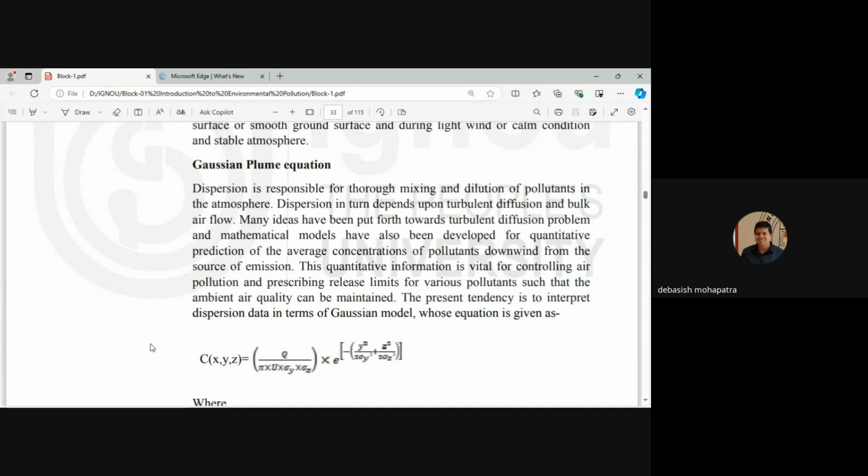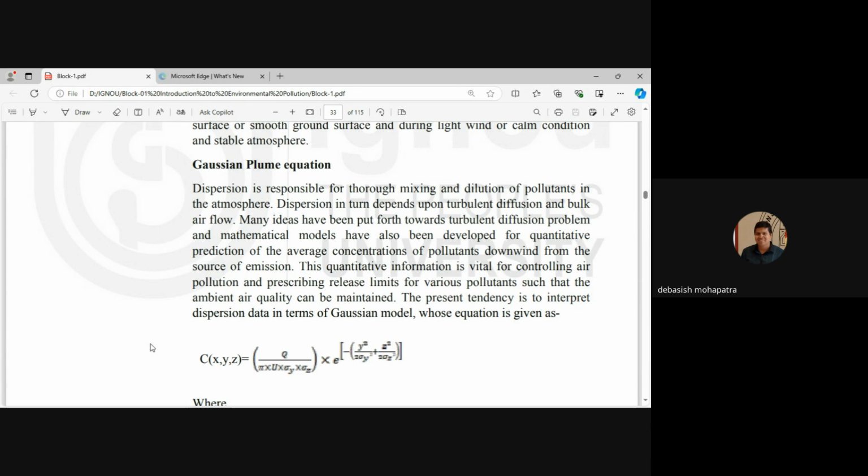This quantitative information is vital for controlling air pollution and setting precise release limits for various pollutants such that the ambient air quality can be maintained. So this is how the organizations which are working on the protection of the environment set standards by using this equation.